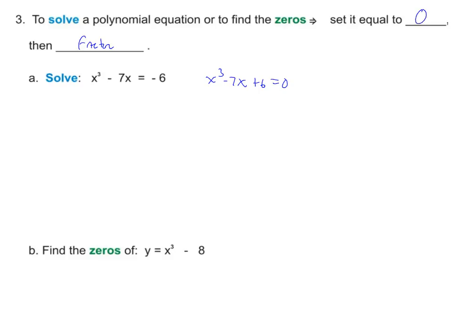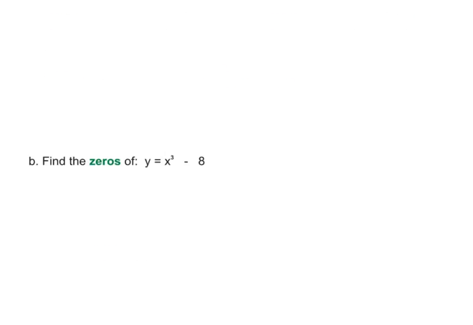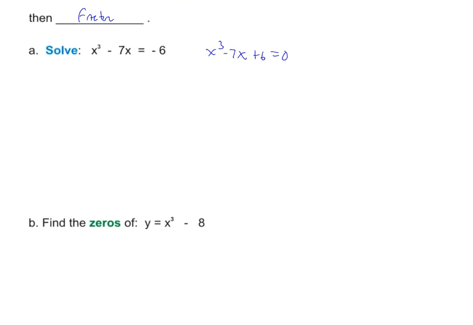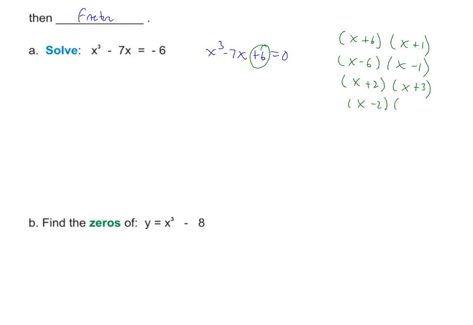I'm going to list out my possible factors. Again, I'll do them in green. Going off of the 6, I can have an x plus 6, an x plus 1, an x minus 6, an x minus 1, an x plus 2, an x plus 3, an x minus 2, and x minus 3.